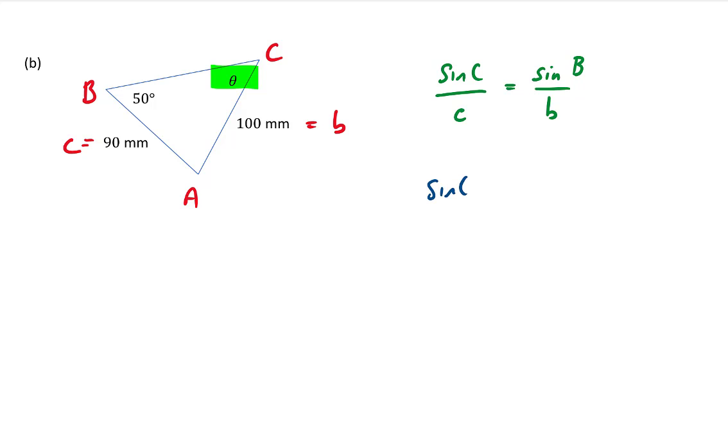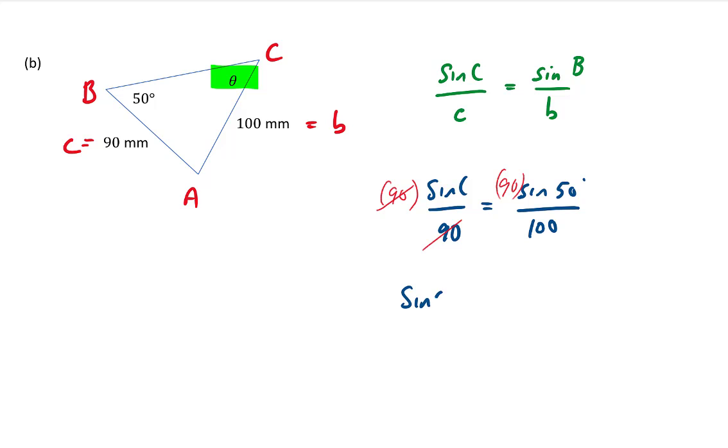So we have sine C divided by side C, which is 90, equals sine of angle B, which we have is 50 because this is our known ratio, so we need to have both bits of information, and side B is 100. Again, if we follow the steps, the next step is to multiply both sides by 90 because the left side says divide by 90, so the opposite is multiply.